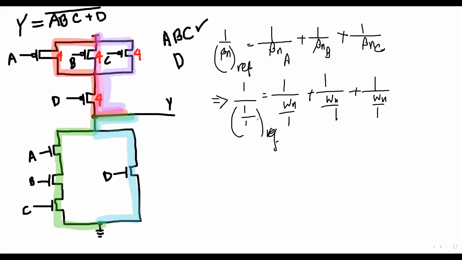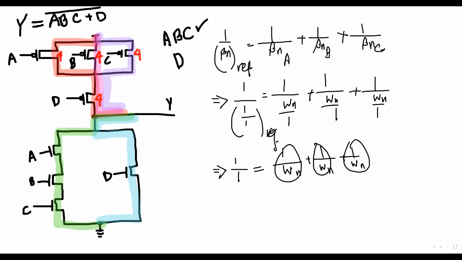What will happen now? This 1 will go up, all the 1 will go. You will have 1 by 1. Then you will have 1 divided by Wn. This part is for A, this is for B, this is for C, but we are assuming they are all equal. 3, because equal means 3 Wn.